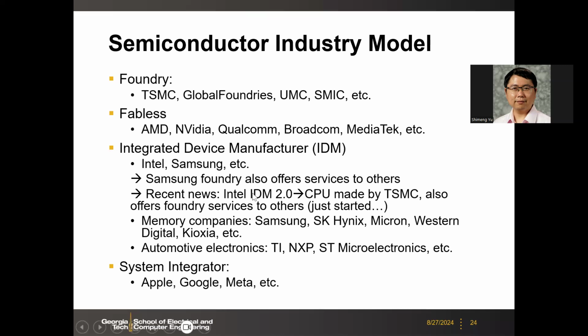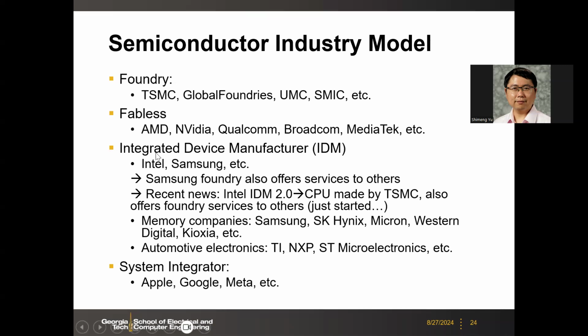One is Intel Foundry. That means Intel Foundry will also get orders from other customers. And then Intel will also send their designs to other foundries for manufacturing. For example, Intel's latest processors are made by TSMC. So this is a crossover point for this IDM working model.